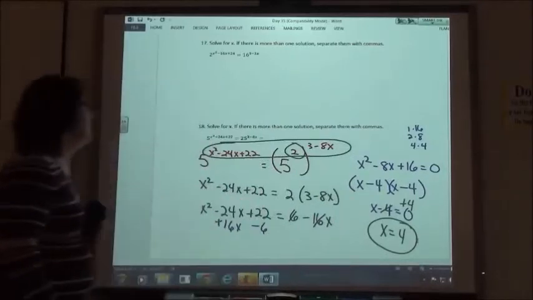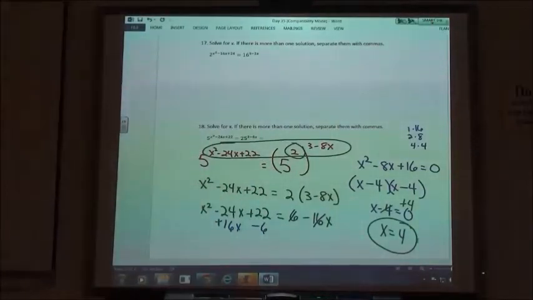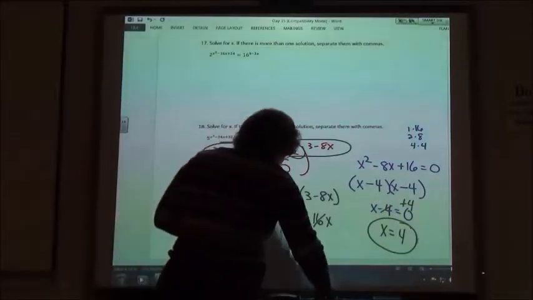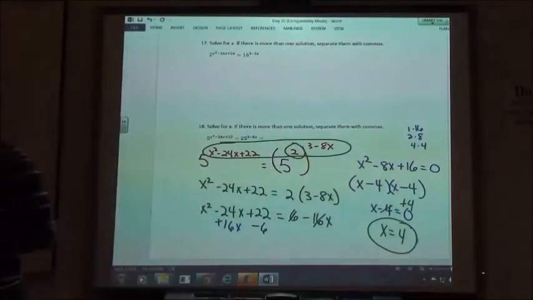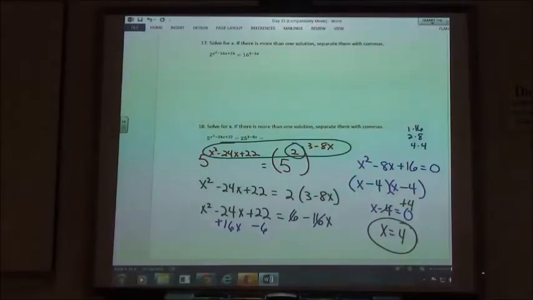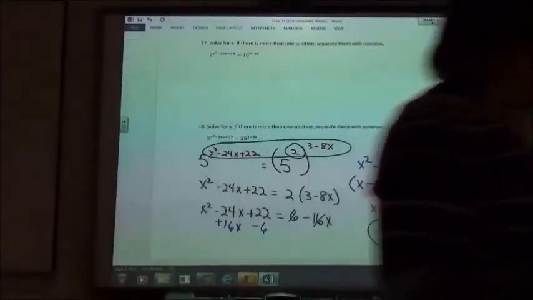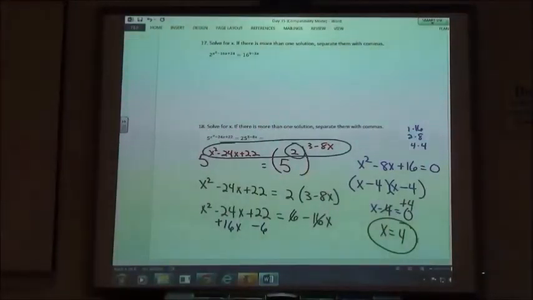That's going to be my solution. If the end sign is a positive, they are both the same as the middle sign.